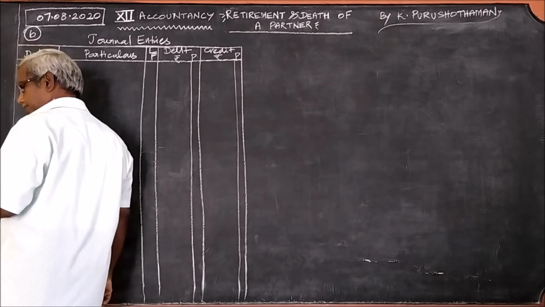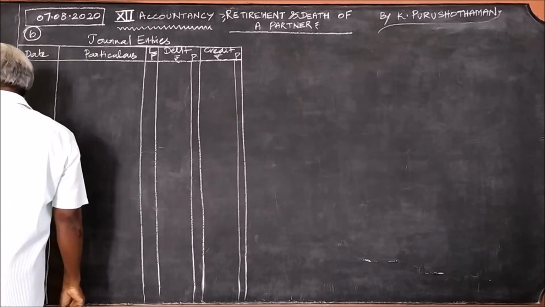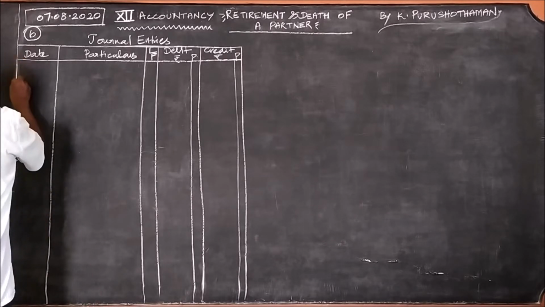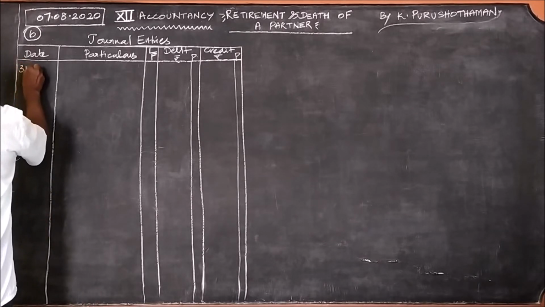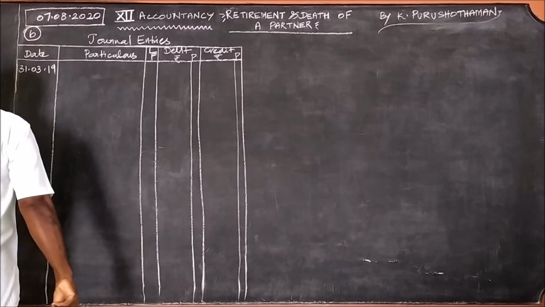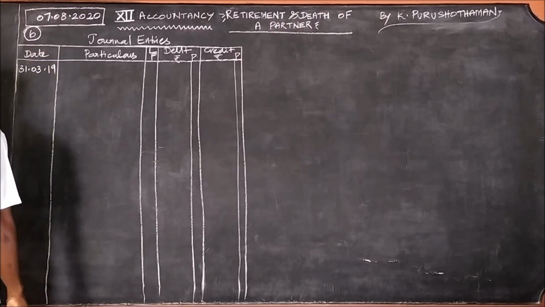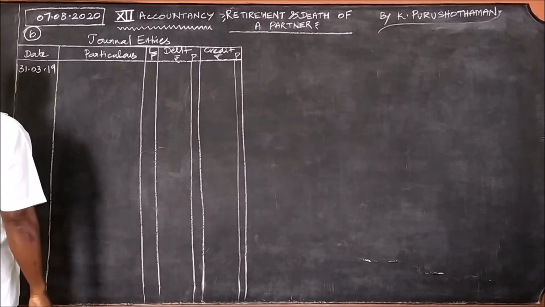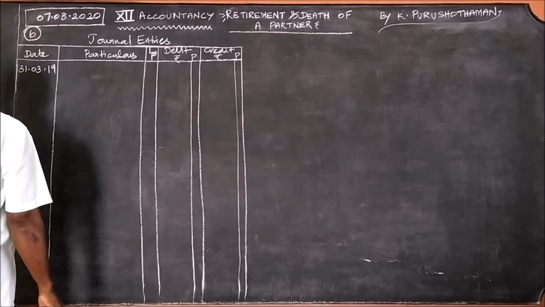Okay, now Raman retired on 31st March 2019. Therefore, 31/3/19. We shall separate the profit items and loss items. First one, machinery is valued at 1,50,000.